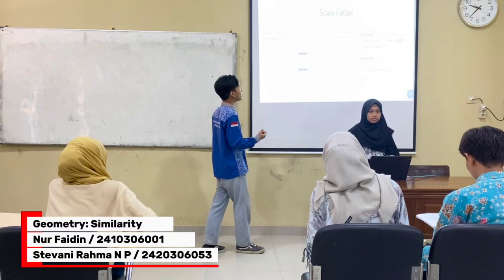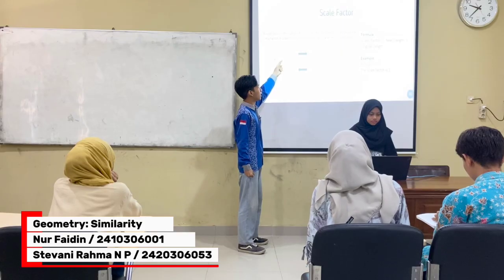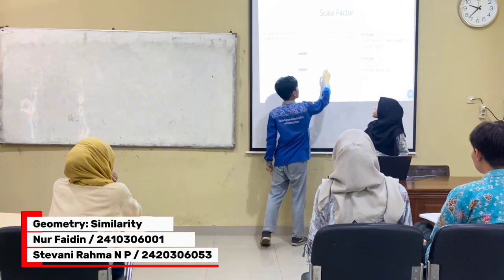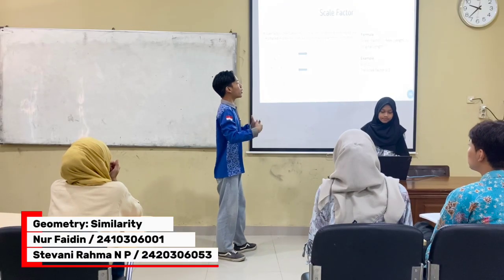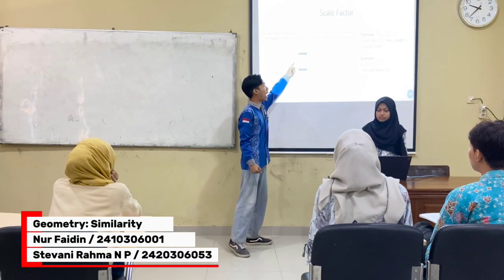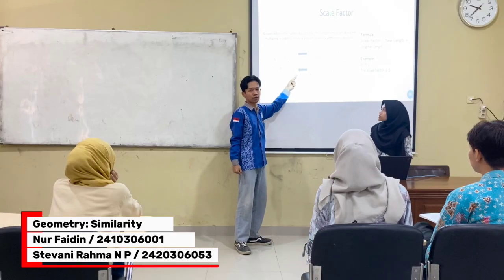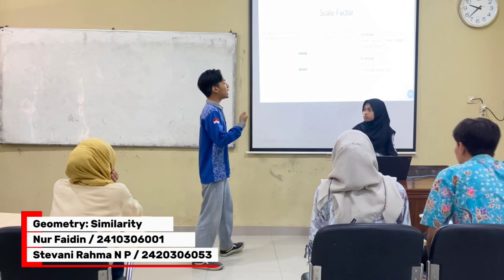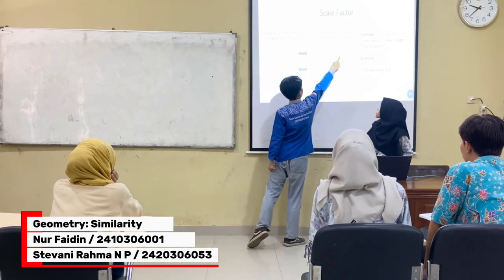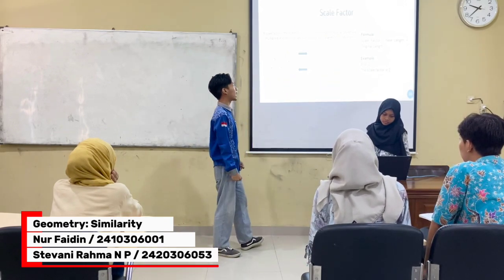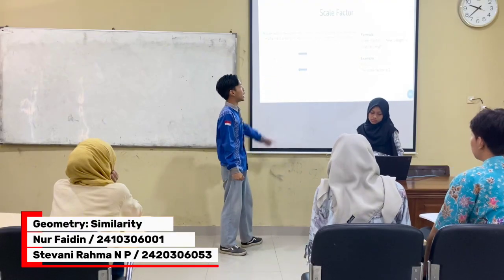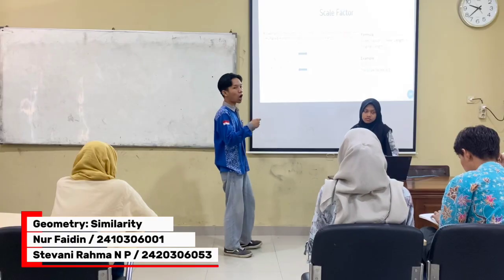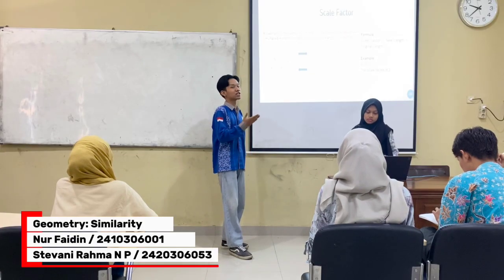When new length is 3 and original length is 6, the scale factor is 1 over 2, 1/2. Right? Now, example: new length is 6 and original length is 3. So scale factor is 2. 6 over 3 is 2.